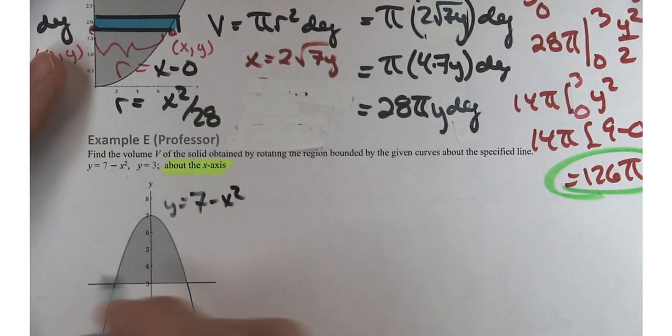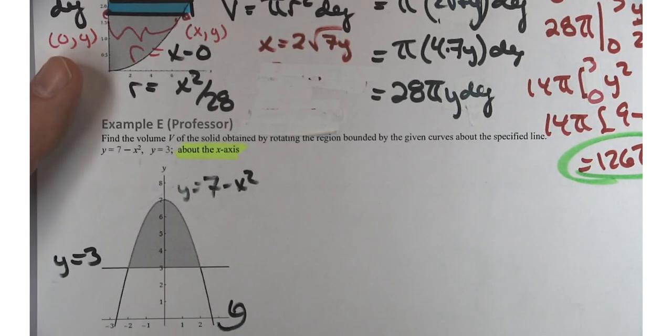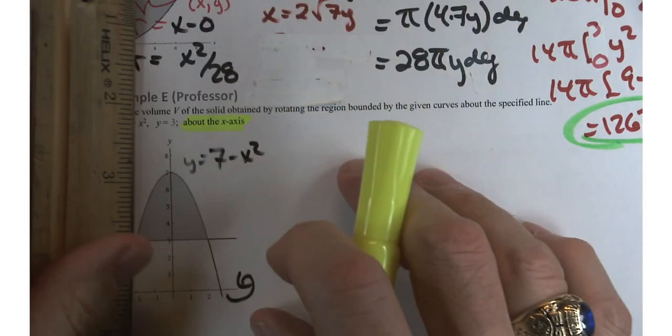And then this line here, y equals 3. But we're still going to rotate around the x-axis. Where's our slice going to be taken? Are we going to take a dx slice or dy slice? Dx slice. All right, so let's do our dx slice.